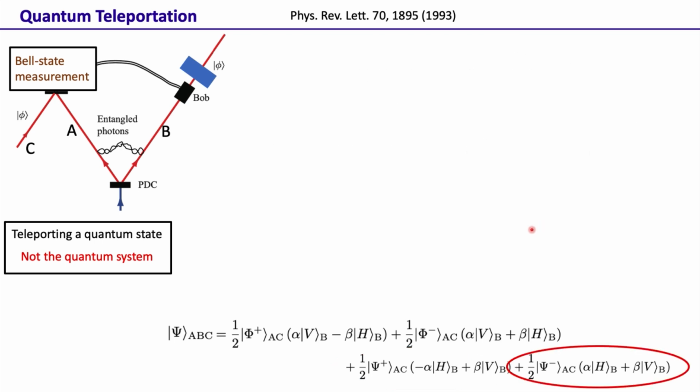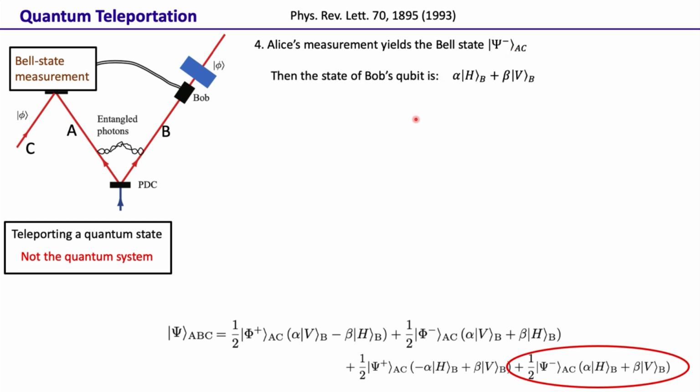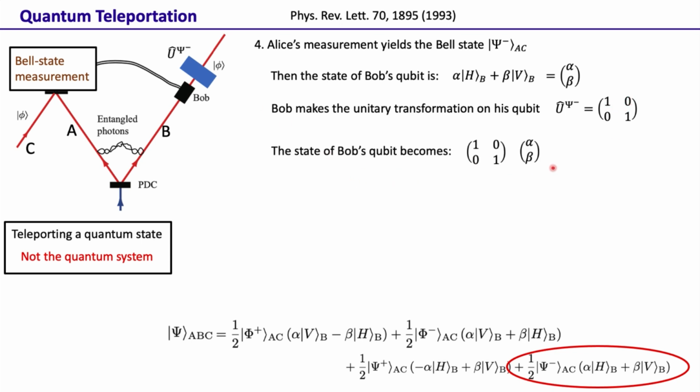And finally, if Alice finds that the Bell state is psi minus, then in this case Bob has to make the unitary transformation 1 1 0 0 1 1, and we can see that with this the state will become alpha beta. In fact, in this case the unitary transformation corresponds to basically doing nothing. This is just a unit matrix.